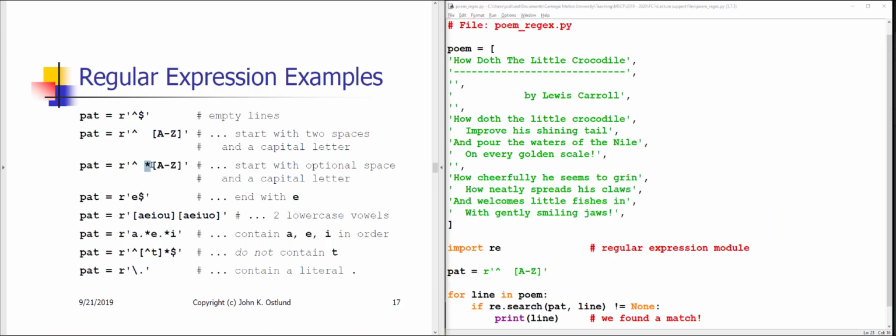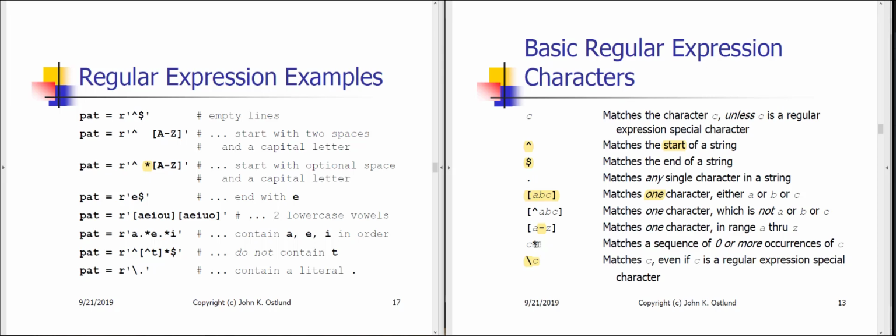Now, the star in regular expression notation modifies the meaning of the character immediately in front of the star. What it means is to match a sequence of 0 or more occurrences of whatever that character is.